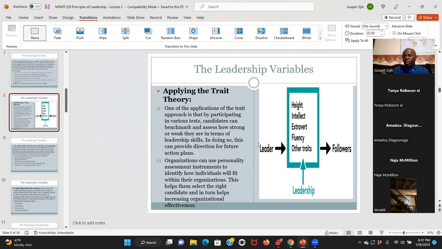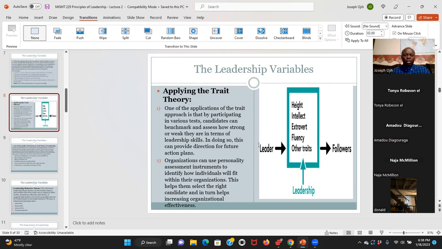That's why in some interviews, after asking you questions that relate to the job, they also ask other questions like: in what kind of organization do you want to work? Why do you need this job? Why do you think you are more suitable for this job? There are many ways they ask that kind of question.